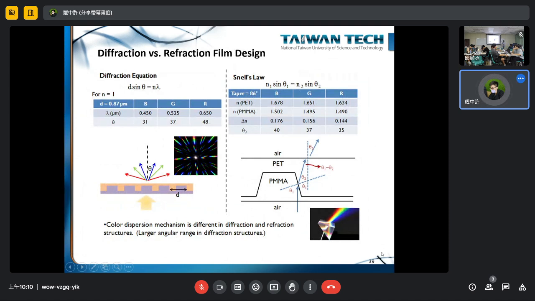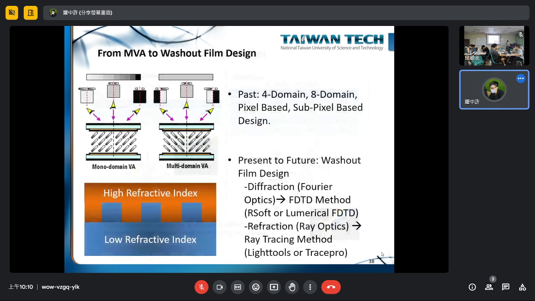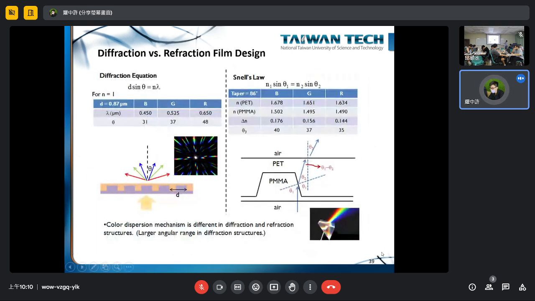We try to make a film with a refractive index difference. So what can happen in this refractive index difference film? You can experience some diffraction and refraction, because you have a different pattern here.